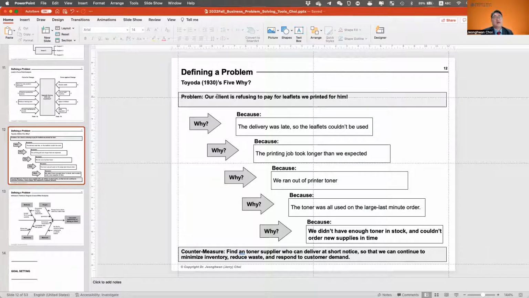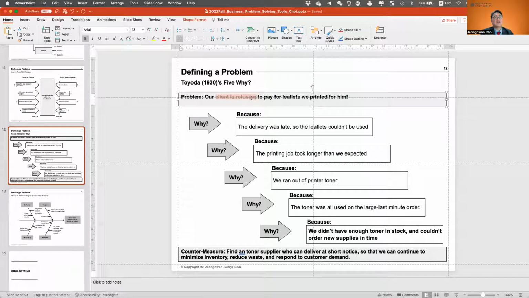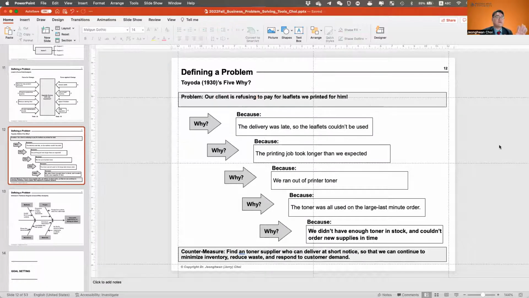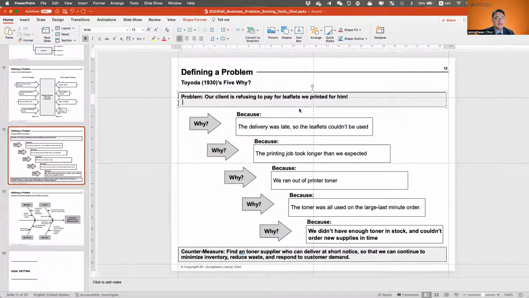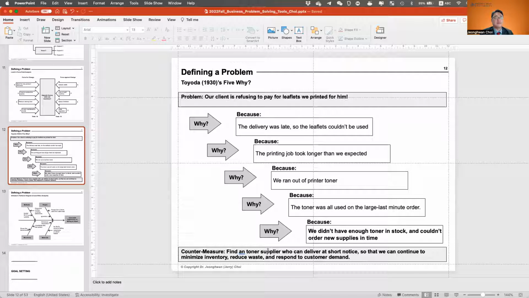So actually the problem started with our customer. But through this kind of 5 simple why and because analysis, we identify the root cause of the problem is a management problem. MIS system, purchasing system.